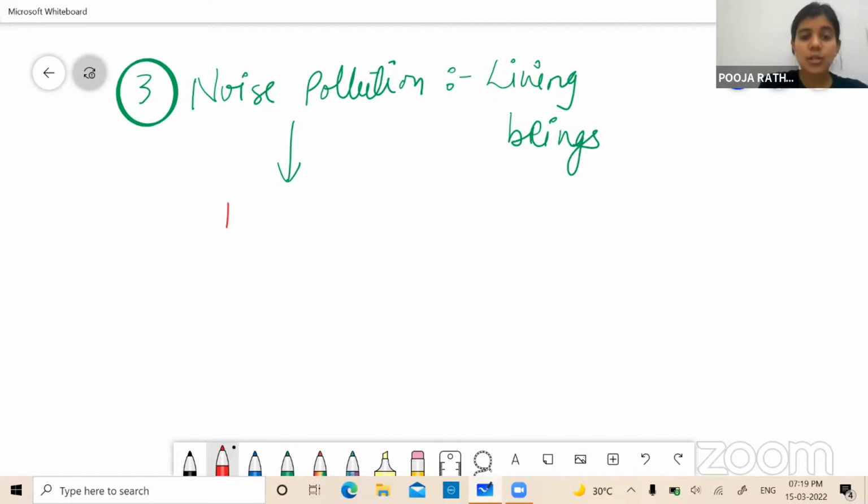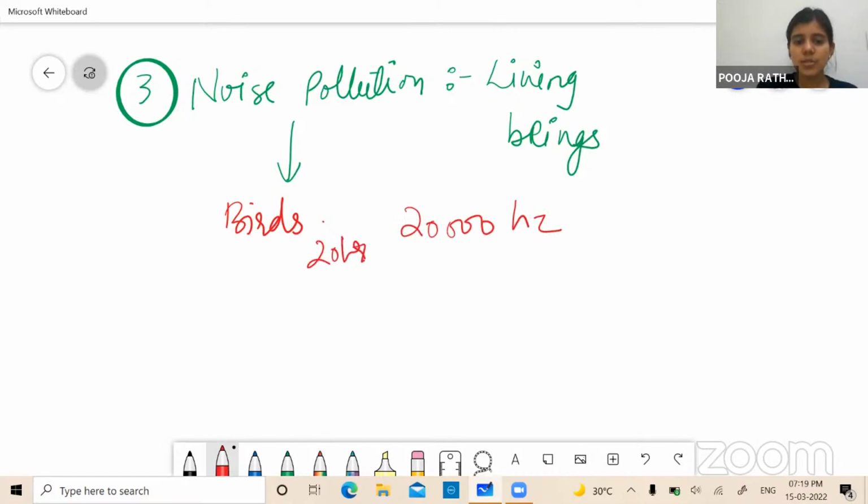It is harmful to birds mainly, because high frequency is not tolerable for birds. Also for us, we can tolerate 20 hertz to 20,000 hertz of capacity.